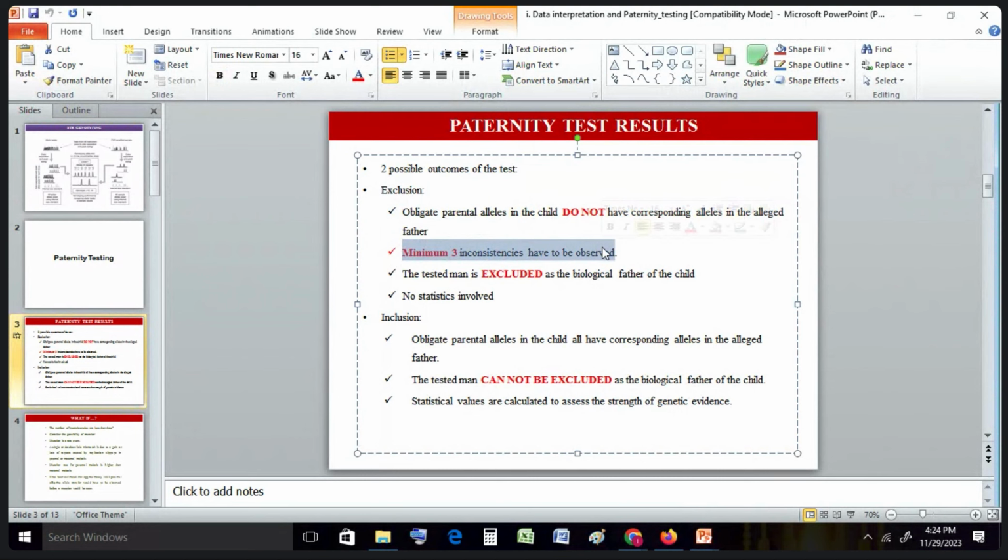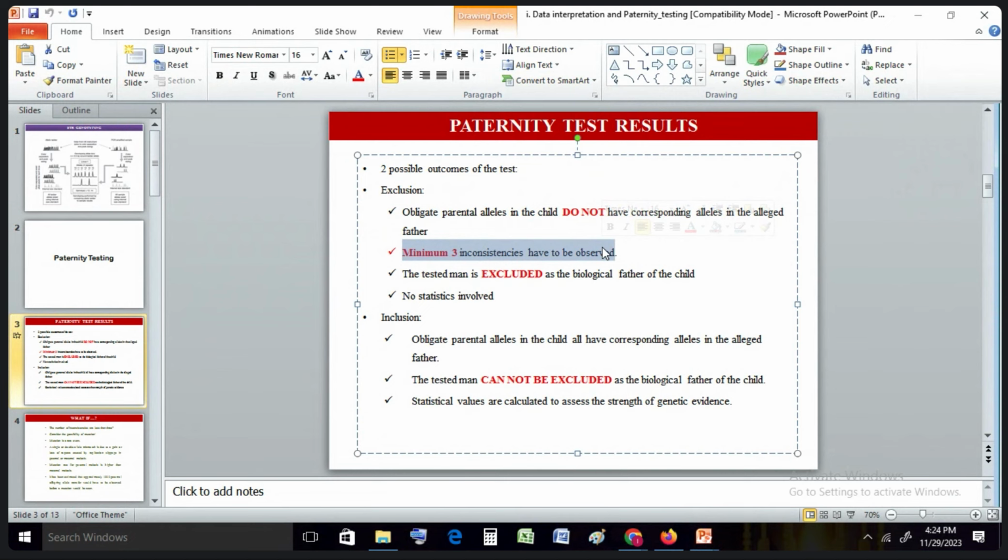That means to exclude, or to confirm that that person is not the biological parent, you must get at least three mismatches. With two mismatches, you cannot confirm, but you can still make a probable result that that guy is the biological parent of this baby. But if you get three mismatches, you can confirm that that guy or that suspect is not the biological parent.